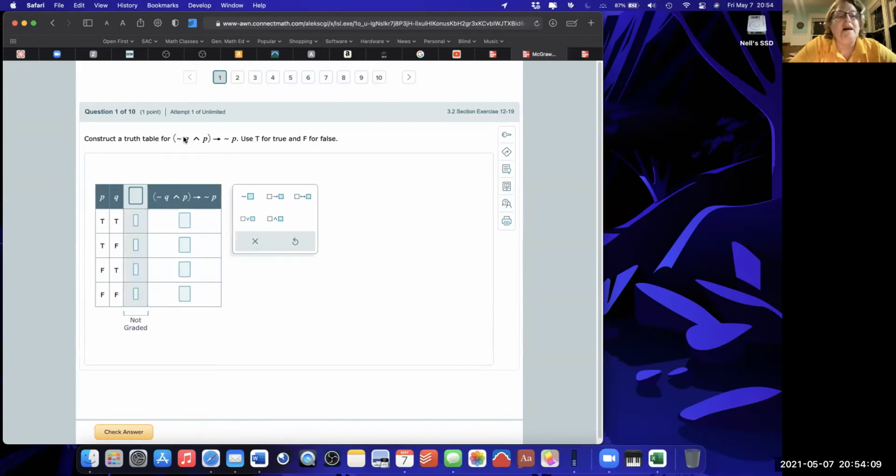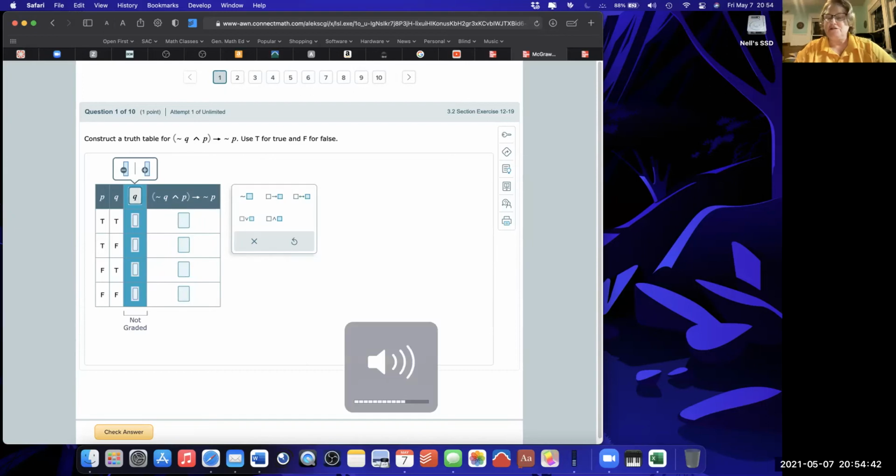And the first thing I need is tilde Q. So I'm going to write tilde. Oh, it doesn't let me put a tilde. How weird. Maybe let's see. Oh, it doesn't let me do anything. How very weird. So that's not helpful. I'm going to put, instead of Q, a symbol for, how about NQ?